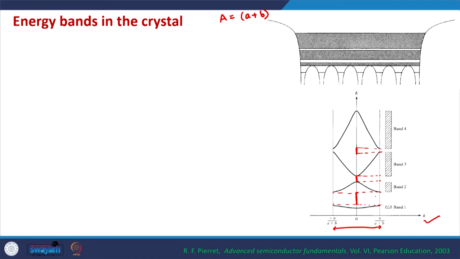These are also known as the band gaps, because this is a gap on the energy axis where no electron can exist.